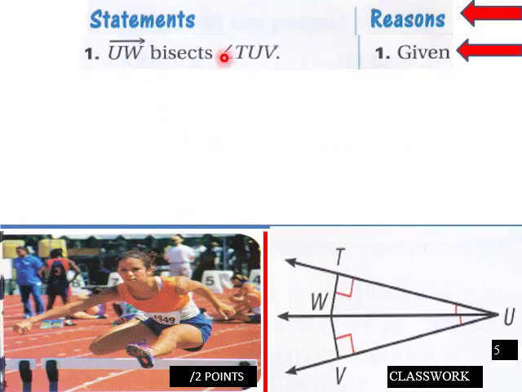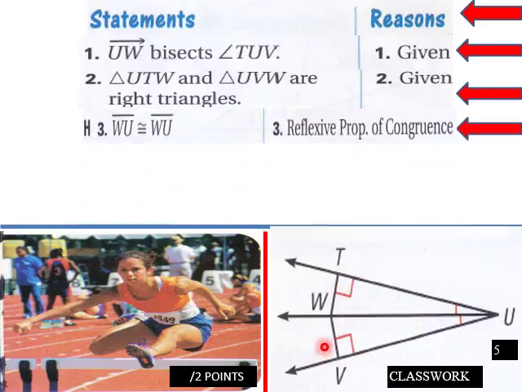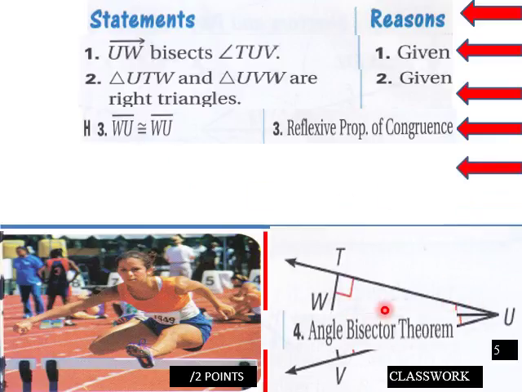Statements and reasons. So UW bisects TUV. Here's UW. Triangles UTW and UVW are right triangles, we got those there. And then line WU is congruent to line WU, it sure enough is.